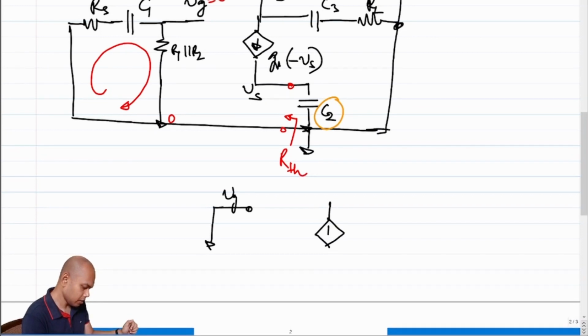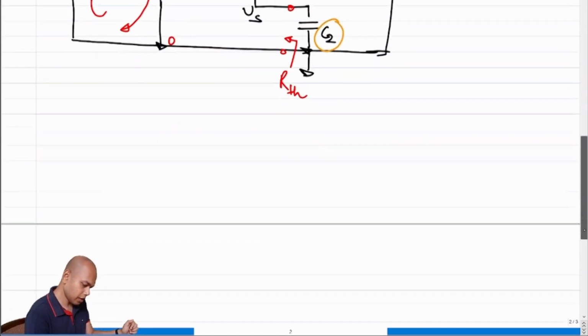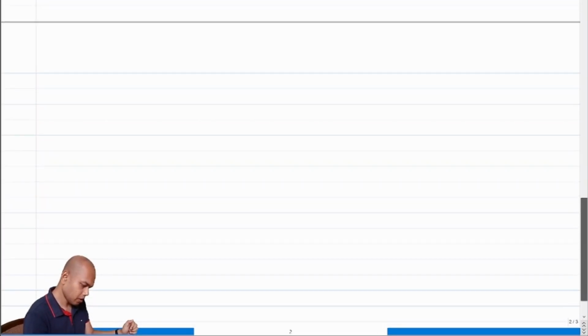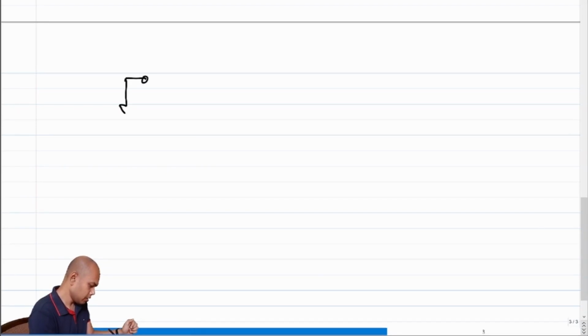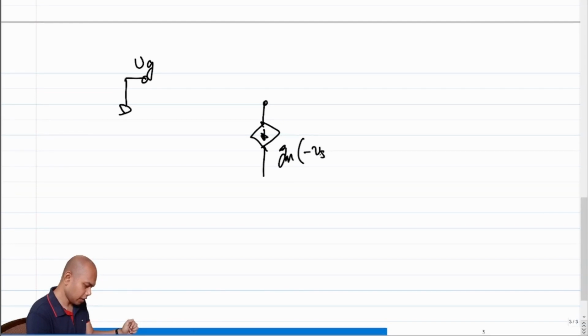Okay, so this becomes Vs. Let me draw it in a different page so that it would be clearer. So Vg is grounded. This is Gm times minus Vs.